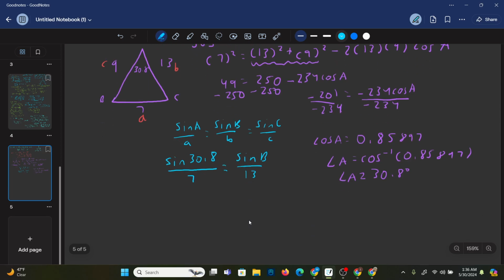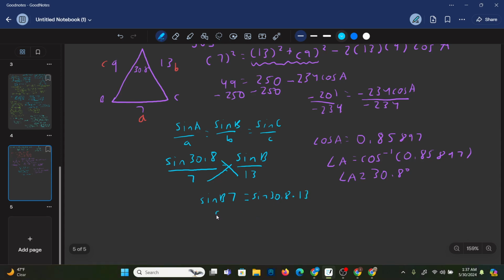In order to solve this, we need to cross multiply. So sine B times 7 equals sine 30.8 times 13.